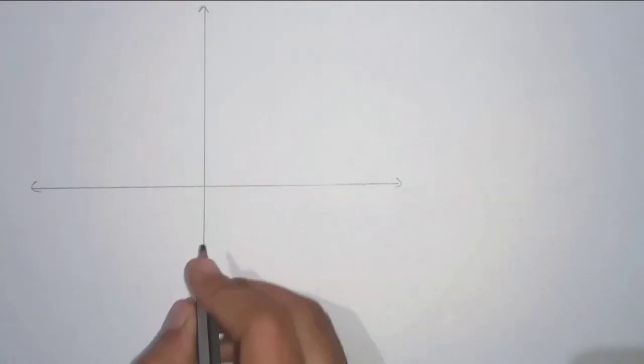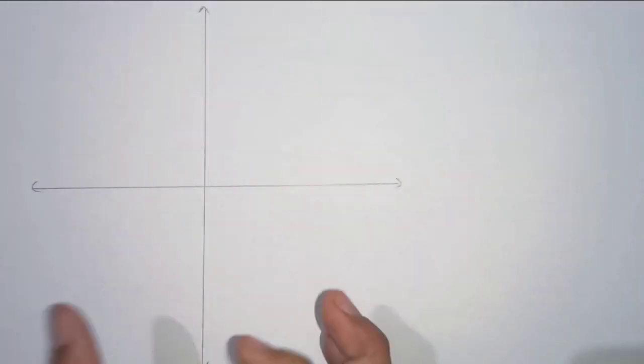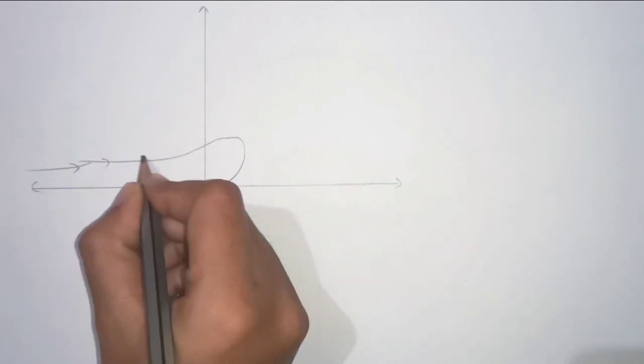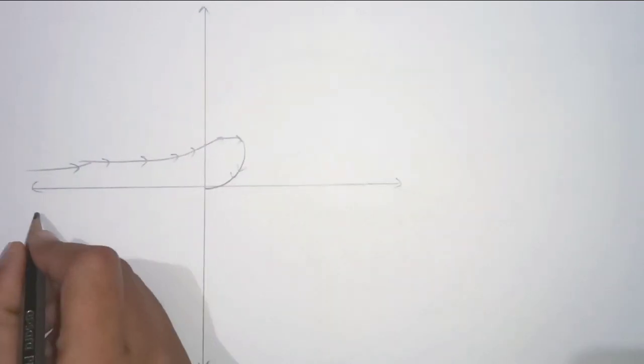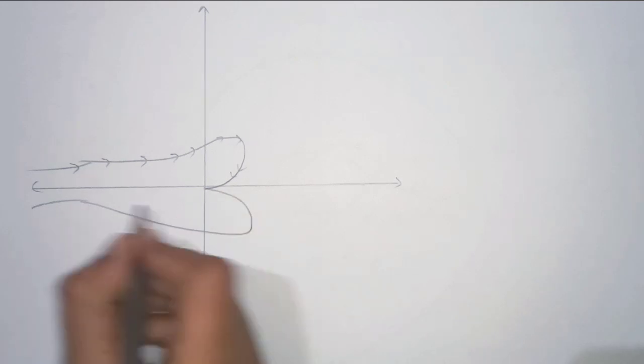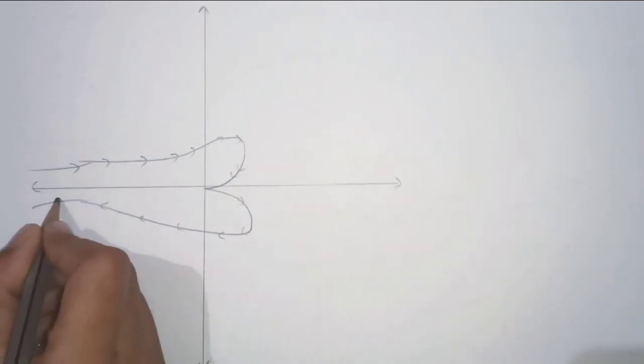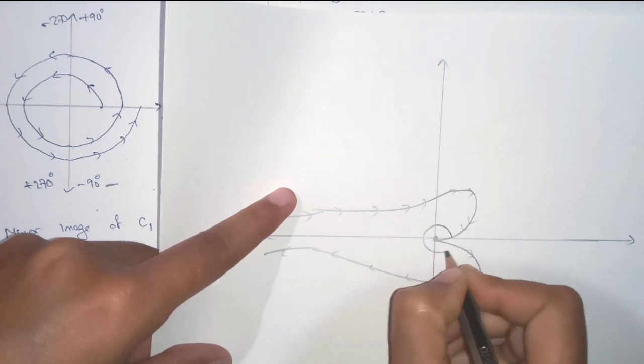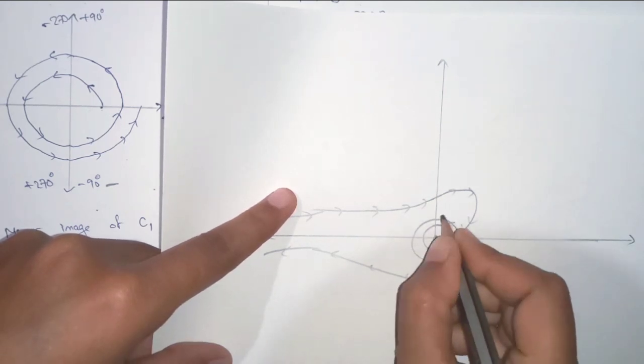So in the final Nyquist plot, we will draw every contour in the same graph. So we got C1 as this. It is coming from infinity. And C3 as this. And C2 is this in anti-clockwise direction.